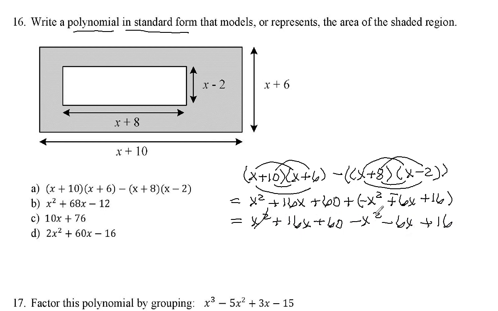So the x squareds cancel. And then we've got 16x minus 6x is 10x. And then we've got 60 and 16 is 76. So 10x plus 76 is standard form, which is choice C. Okay, so don't fall for that first choice there.